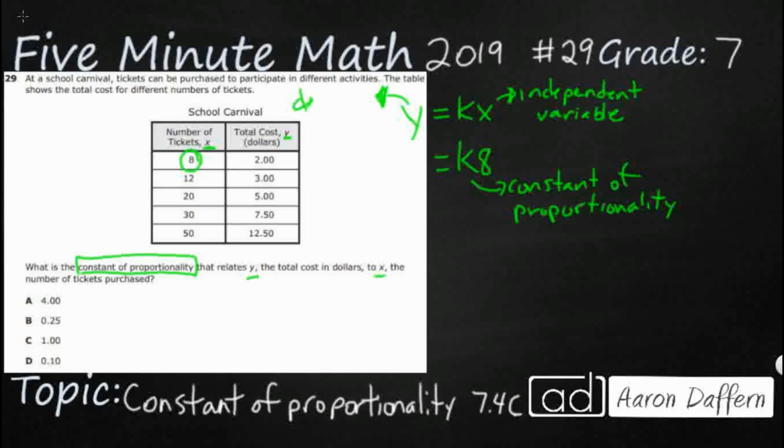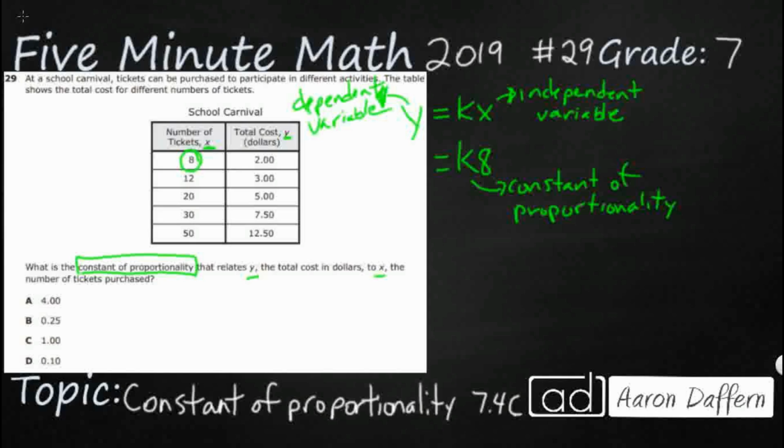The y changes based on what we do to the x. So we start with our x, multiply it by something, k, our constant, and we get to our y, which is our dependent variable. In this case, it costs $2.